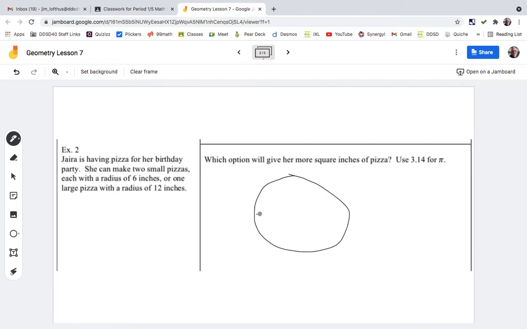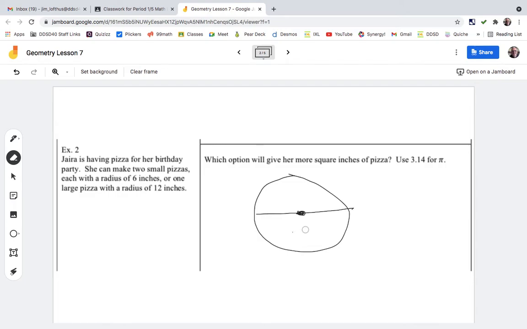This is 12 inches across, and the radius is 6.